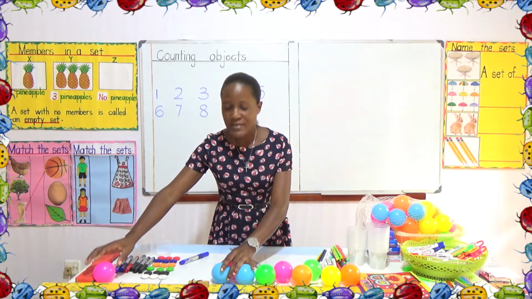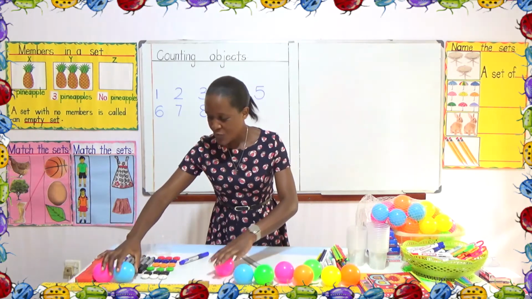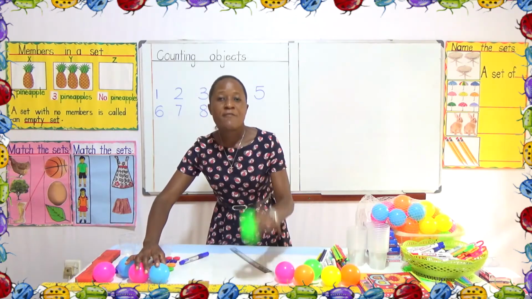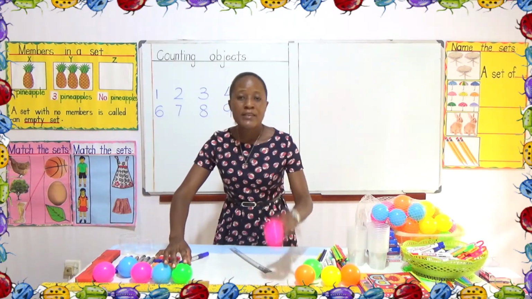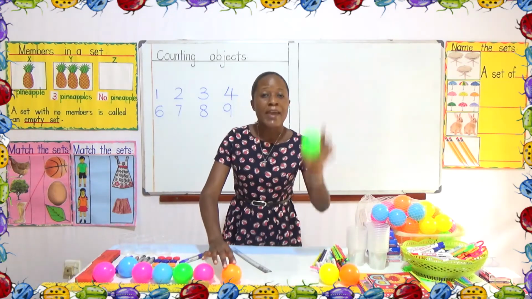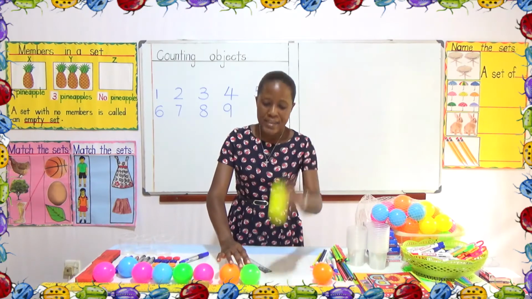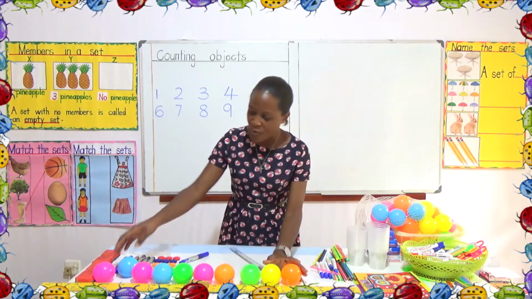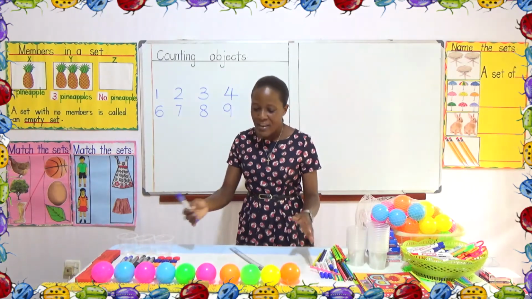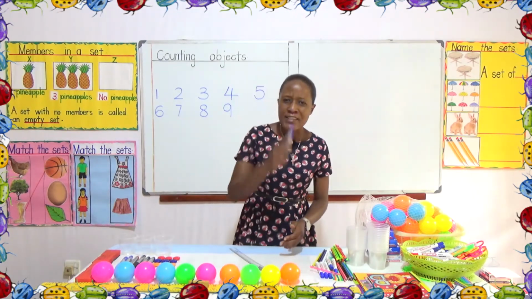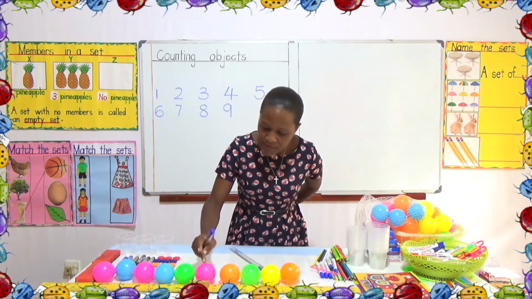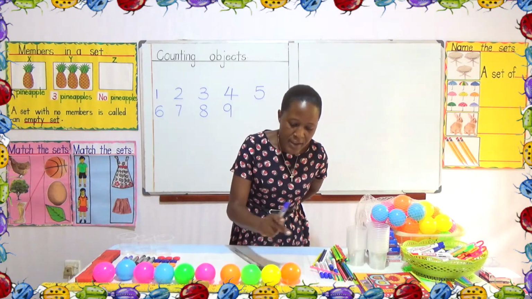That is 1, 2, 3, 4, 5, 6, 7, 8, 9, 10. So we have counted 10 balls. All these are 10. Let's count again. 1, 2, 3, 4, 5, 6, 7, 8, 9, 10.